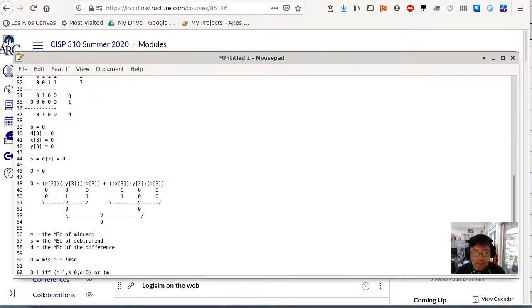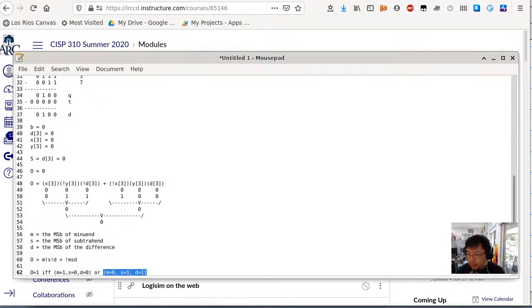Or M is a 0, S is a 1, and then D is a 1. Those are the two scenarios that can make overflow a 1. And that is why I talked about 1, 0, 0. The 1, 0, 0 is referring to this particular scenario, where the most significant bit of the minuend is a 1, the most significant bit of the subtrahend is a 0, and then the most significant bit of the difference is also a 0. And then the 0, 1, 1 is the other side, the flip side of this, which is, you guys get the idea, I hope.